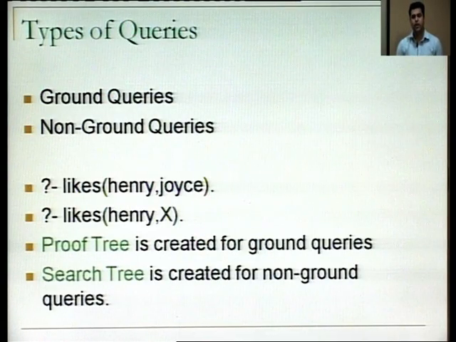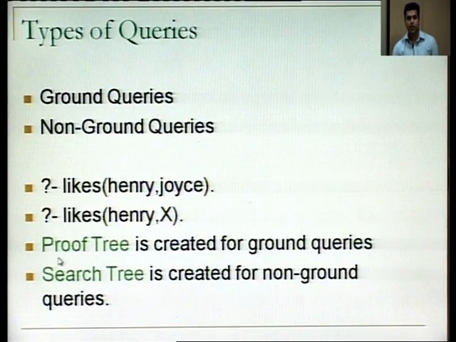As far as queries are concerned, there are two types of queries that you can put on the Prolog interpreter's interface. One is ground query and another one is non ground query. Ground query, what it is?